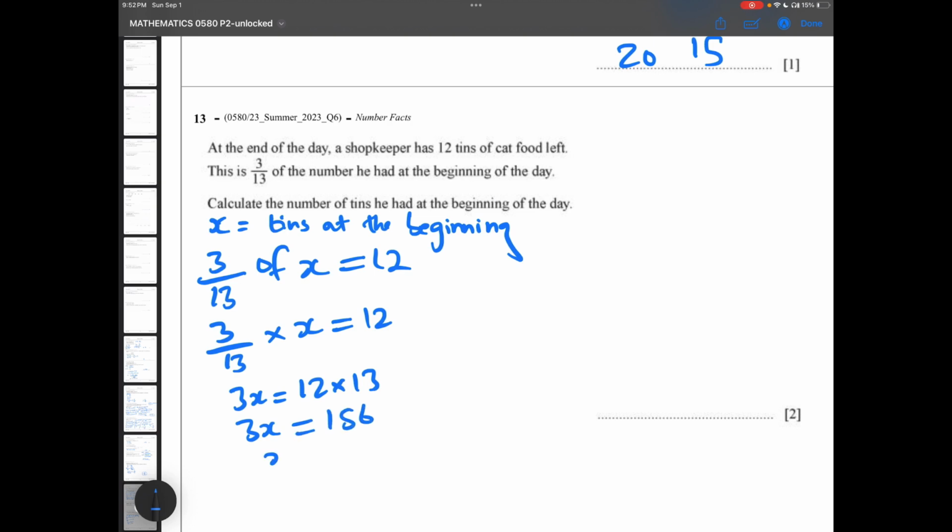So x is equal to 156 upon 3. So 156 divided by 3 is 52. So it means the value of x is 52, and these are the number of tins he had at the beginning of the day.